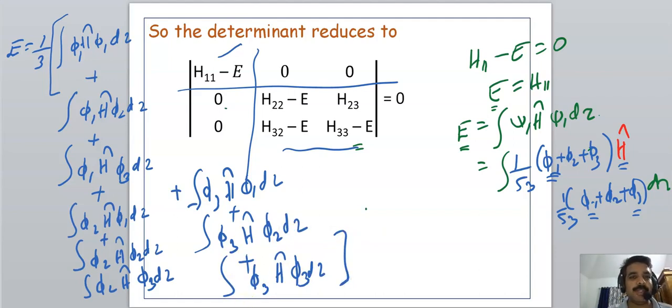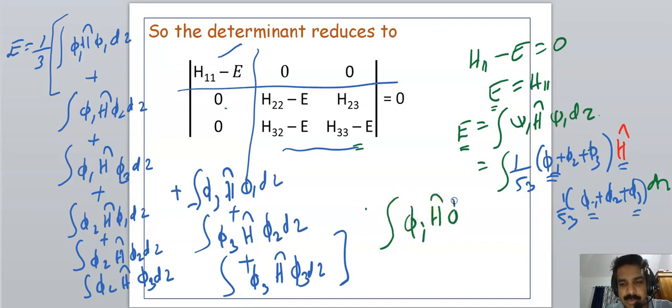And you have to remember one point: the integral phi i h phi i d tau is the energy of the atomic orbital phi i, and it is denoted as alpha.